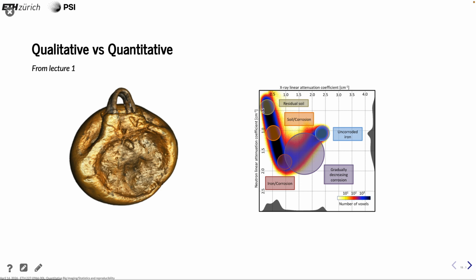Then we also have different distinctions, qualitative versus quantitative. This is actually a slide repeated from lecture 1. Both these are from a cultural heritage application. In one, we just did a tomography, reconstructed it, visualized it, cut it in pieces a little bit, looked at it, and saw some conclusions.